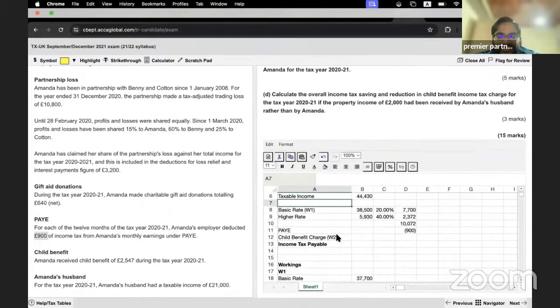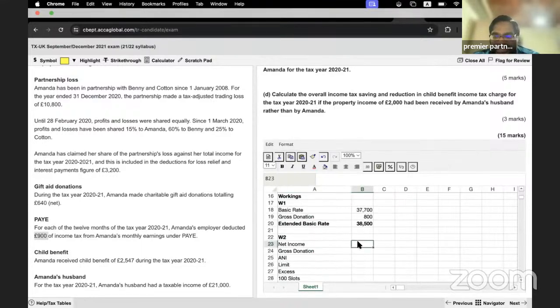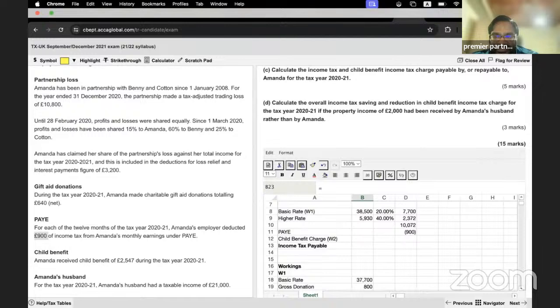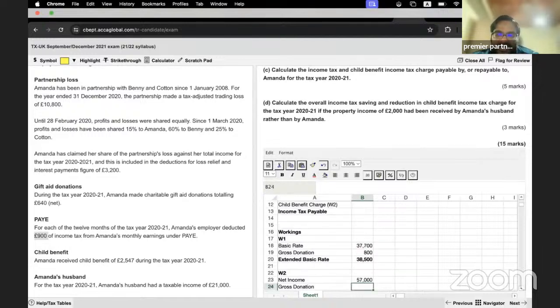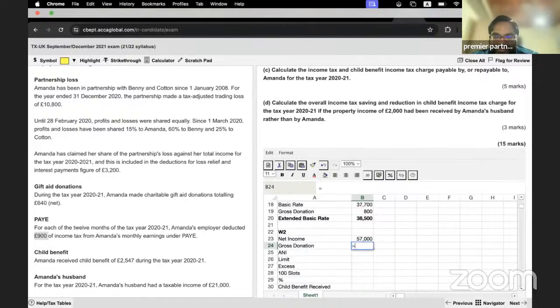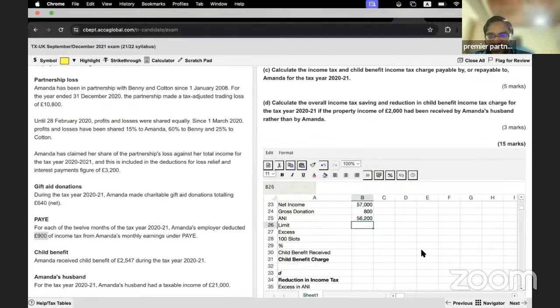Then for child benefit, I am giving a separate working. Net income, we already calculated. See, as we know, I take that. Gross donation, we already calculated 800. So the adjusted net income would be this minus this, which is 56,200. Our limit is only 50,000. So we have an excess of 6,200.